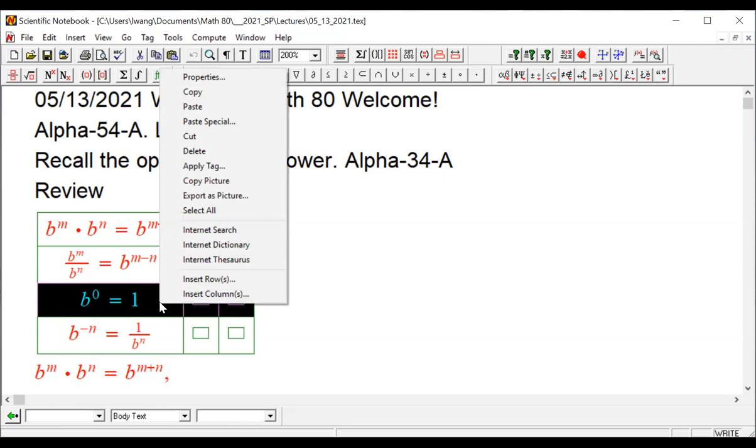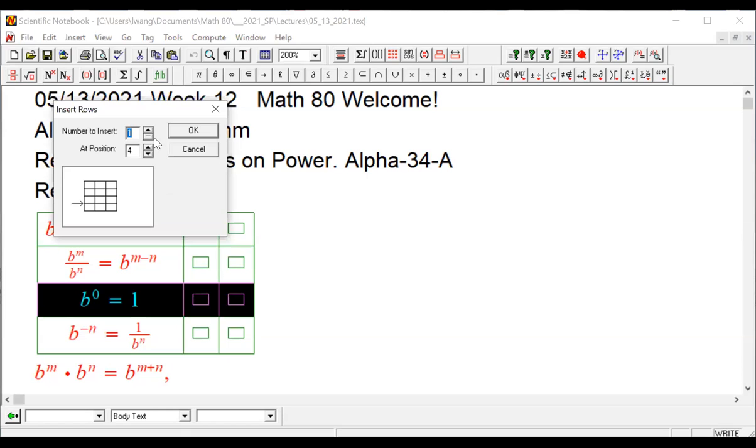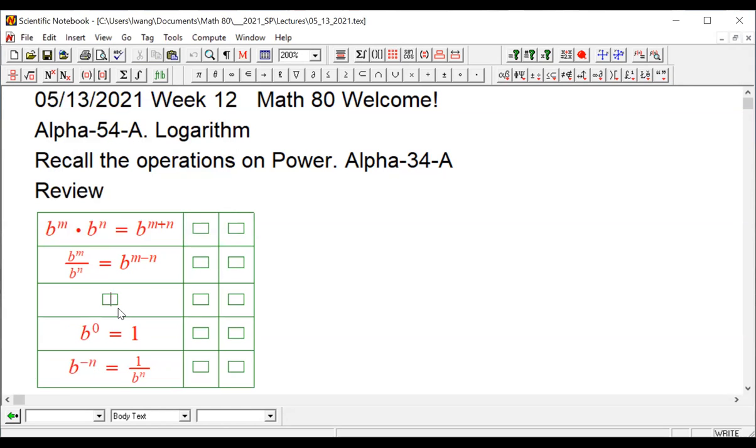Actually, this is a very important one. It's b raised to the power of m, and then raised to the power of n, equals b raised to the power of m times n. Okay?